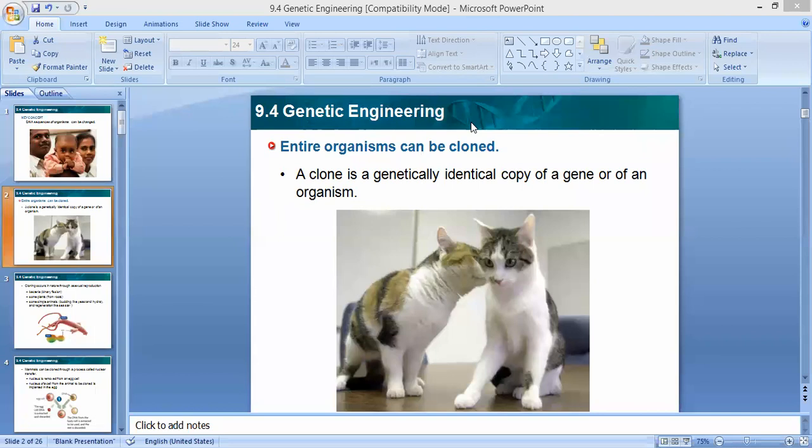Are they going to be exactly identical? Surely not. Miss, the one who lives in Africa will be browner or darker than the other.